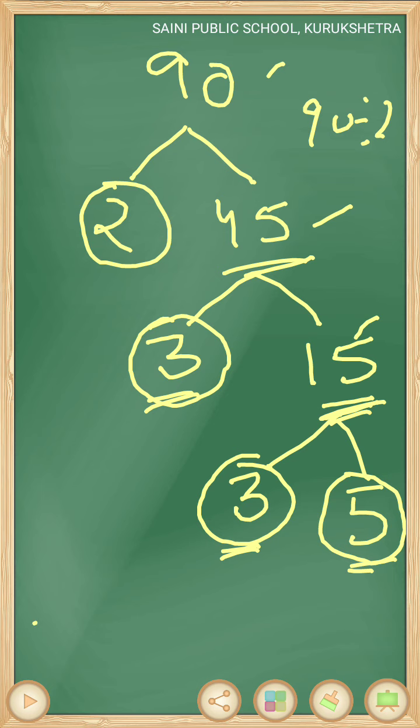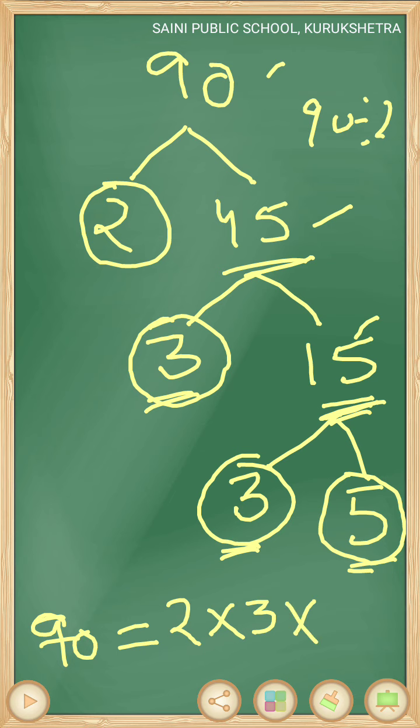Now we will write the factors of the given number, that is 90, by writing all the circled numbers, because all circled numbers are prime numbers. 2 into 3 into 3 into 5. 2 into 3 is 6, 6 into 3 is 18, 18 into 5 is 90.